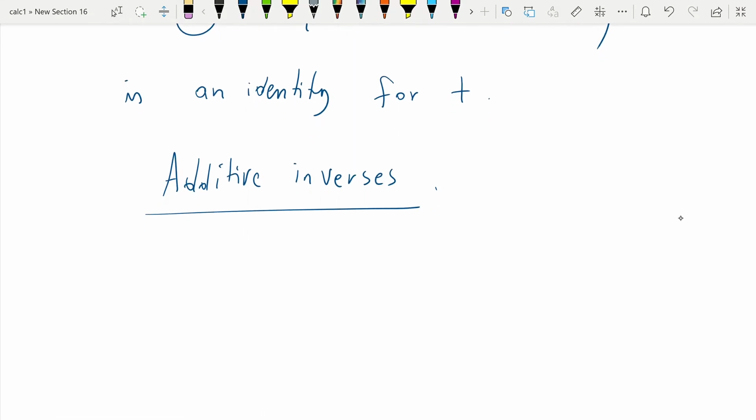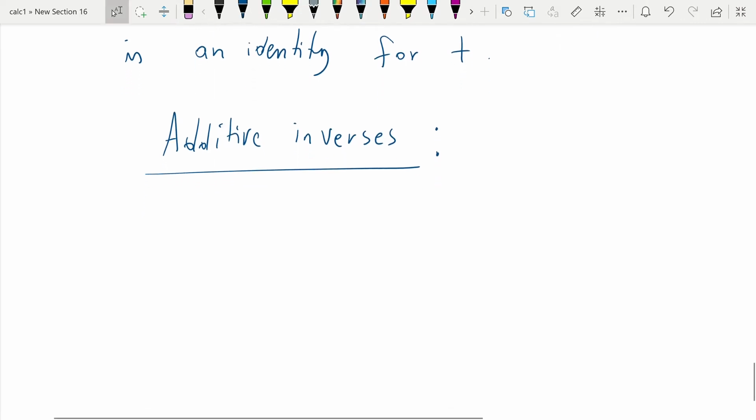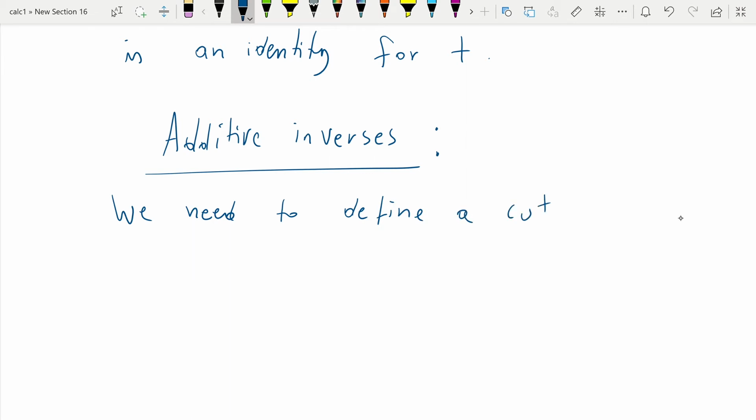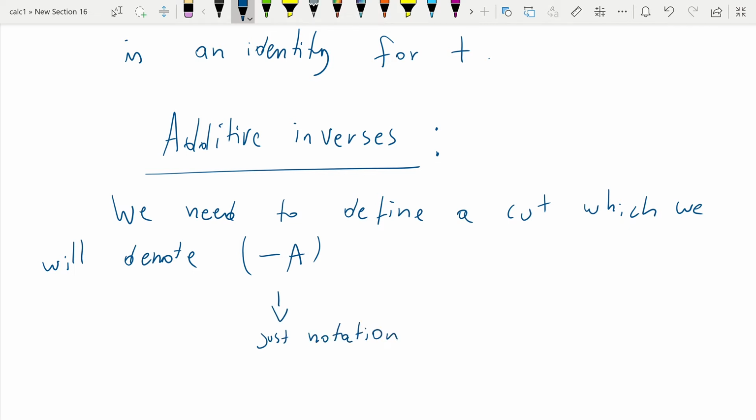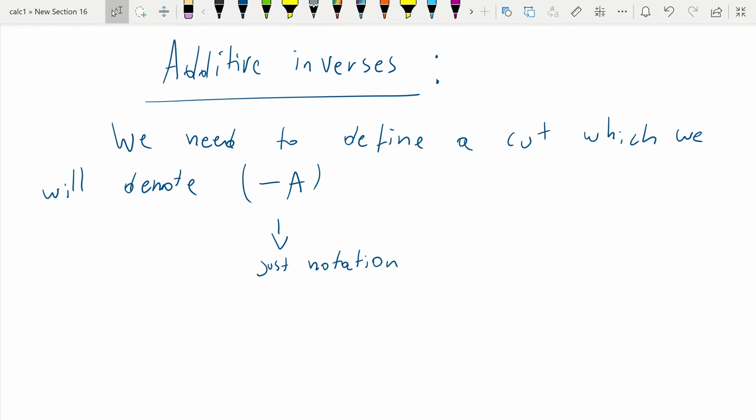Since you will have shown that this set O is an additive identity, what we need to do is define a cut, which we will denote minus A. Again, this is just notation; we're using that notation because we know what to expect.